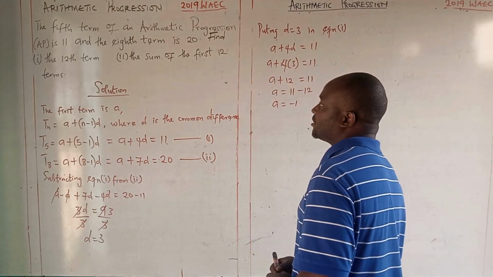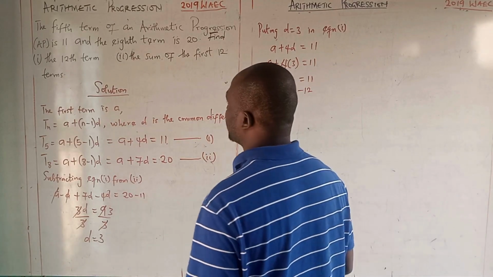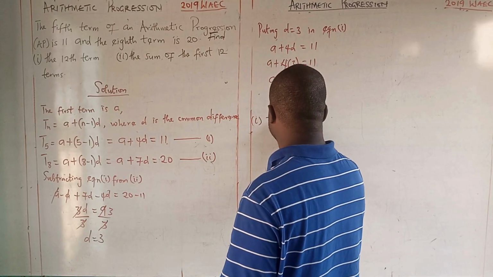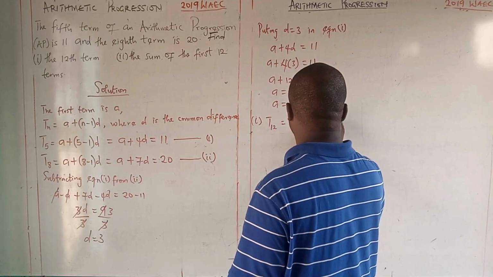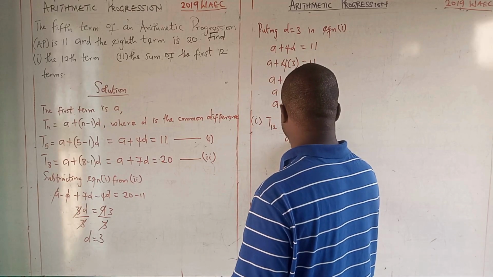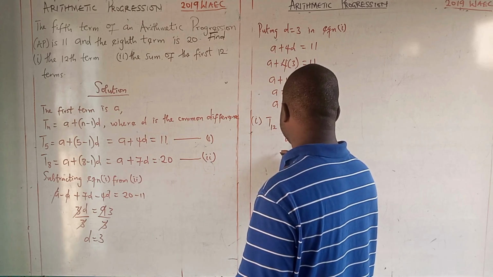Now, let's take it to answer question I. Question I says find the 12th term. The 12th term, T12, equals A plus (12 minus 1)d. That means A plus 11d. Now, what's our A?